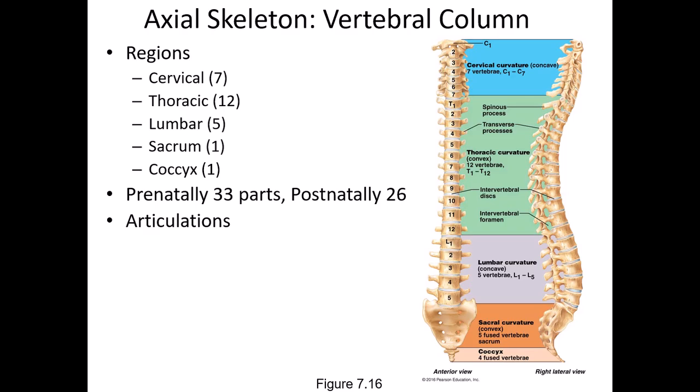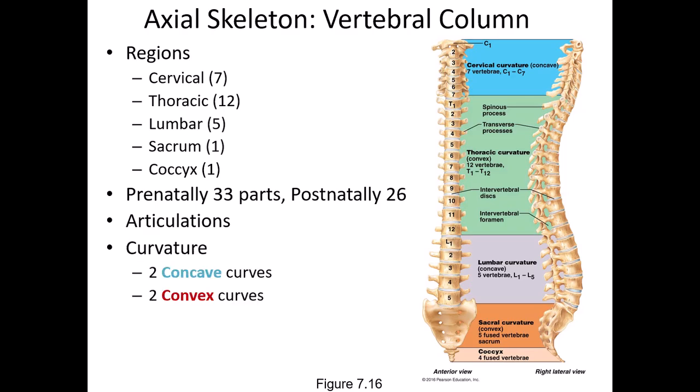Your sacrum, which is part of your vertebral column, articulates laterally with the ilium of the os coxa, as well as with the coccyx. Vertebrae also articulate with the intervertebral discs between them and the next vertebrae. Your thoracic vertebrae articulate with ribs, and your atlas vertebrae, C1, articulates with the occipital bone as well.